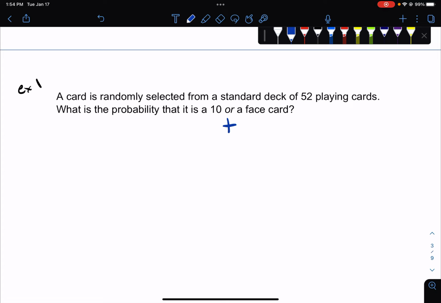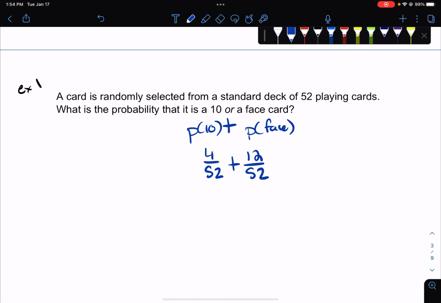So the probability of a 10 is the first part, or the probability of a face card is the second option. How many 10s are there in a deck of cards? There's 4 10s out of 52 cards, plus the probability of getting a face card. Remember, those are jacks, queens, and kings, and there's 12 of those out of 52 cards.